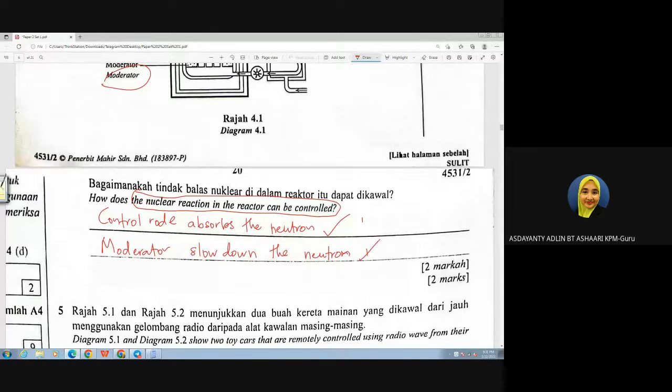Okay, satu markah kat situ. Control rod absorb the neutron. Moderator we slow down the neutron. Okay, boleh?